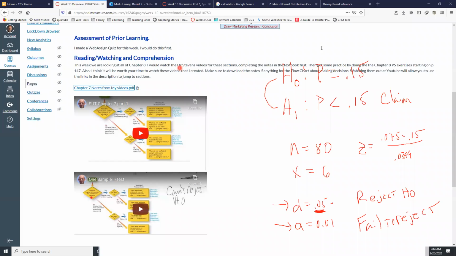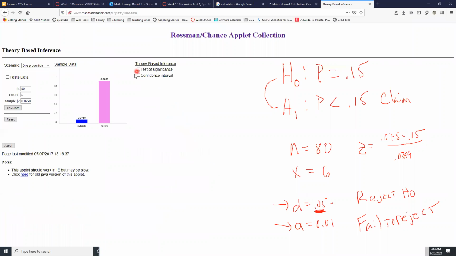Why don't I come back there just to do it since I'm talking here? Confidence interval, and what level of confidence? Well, that's the 95% level of confidence, and that's between one. See, that's less than the 15%. 15% isn't captured there, so we would say, yeah, it looks like that supports Farmer Carl's decision.